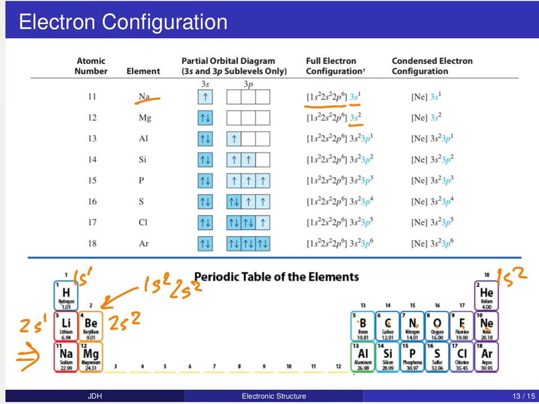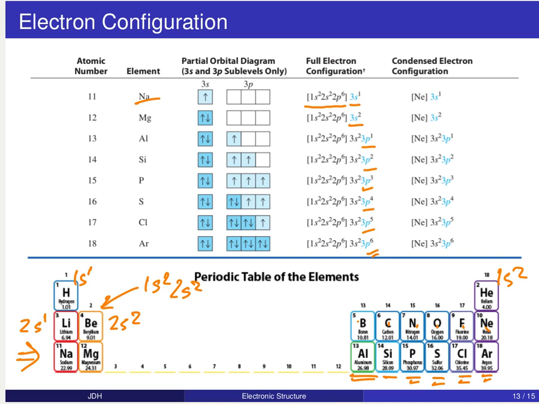Then we jump over here to aluminum and we start putting electrons in a p orbital. Then, silicon, we have 2 p electrons, phosphorus, 3 p electrons, sulfur, 4 p electrons, chlorine, 5 p electrons, and then finally argon with 6 p electrons.